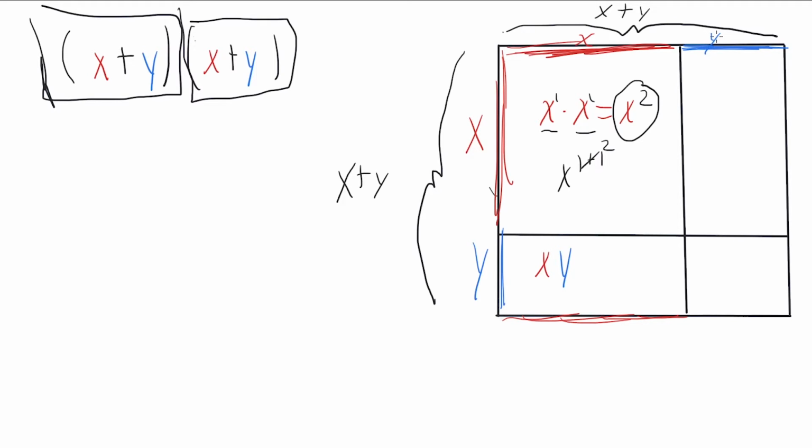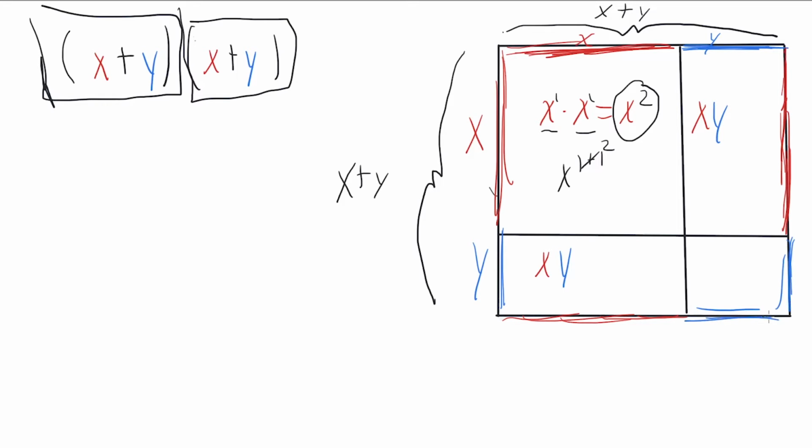Now let's look at this shape right here. We know one side length is y, and this side length is x. As you can see here, it's x. So it'll be the same answer as this, since we're multiplying: x times y.